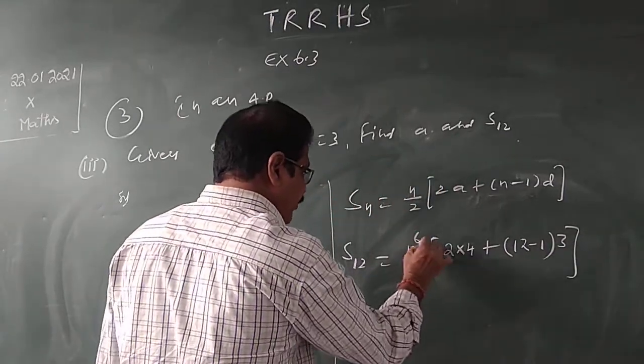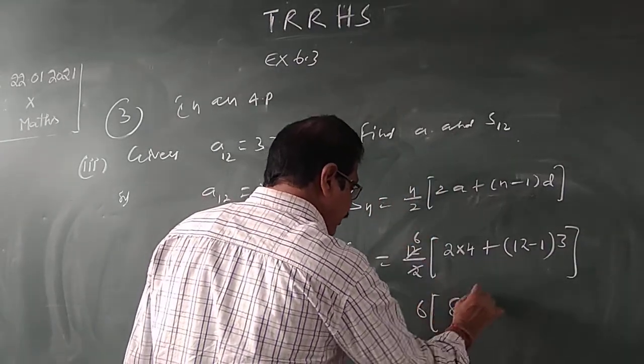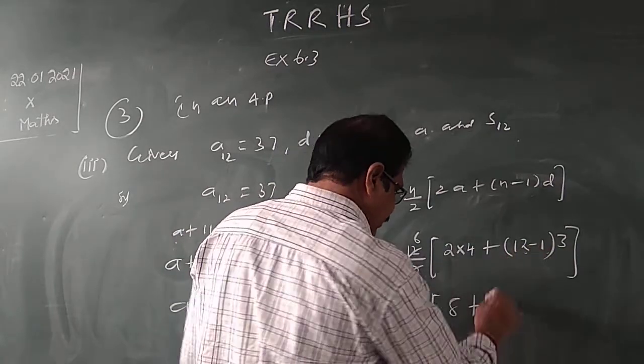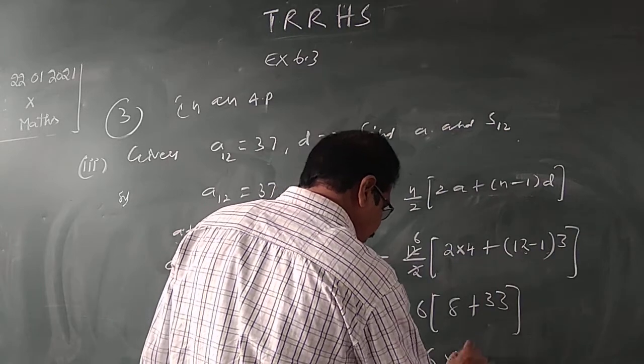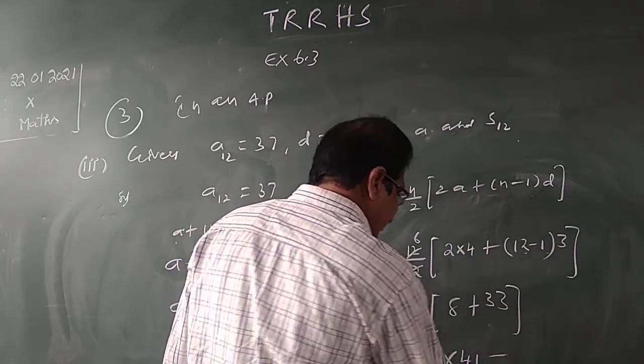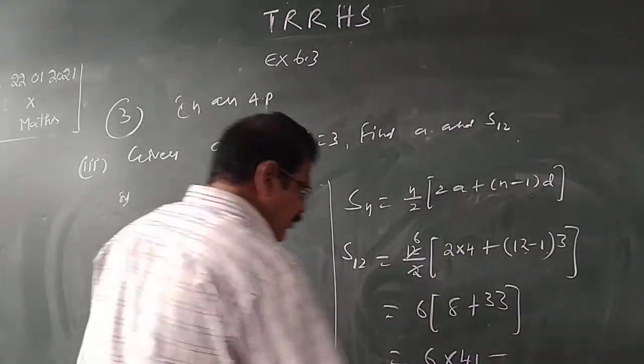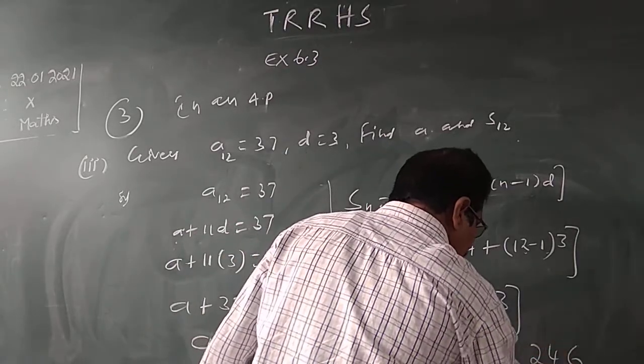So 12 by 2 is 6, into 2 4 8. 12 minus 1 is 11, 11 3 are 33. So 6 into how much? 41. 33 plus 8 is 41. 6 1 is 6, 6 4 is 24.